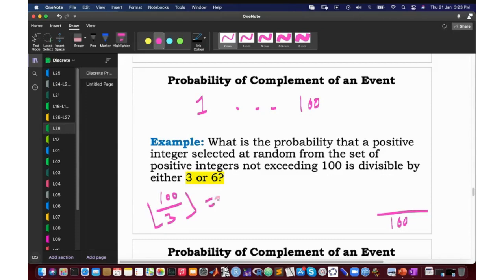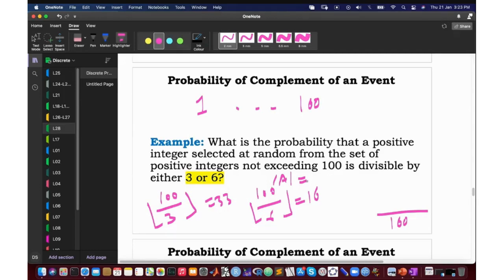So there are 33 numbers divisible by 3, and about 16 numbers divisible by 6. So what's going to be the size of the event A, that your number is divisible by 3 or 6? 33 by 100 plus 16 by 100?